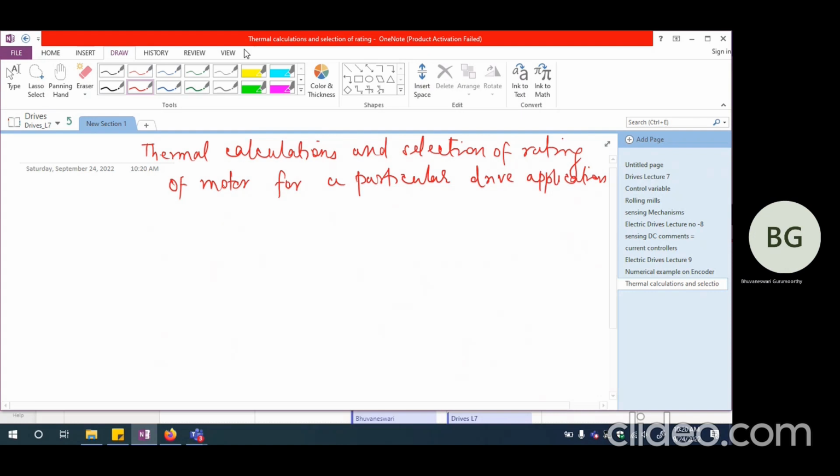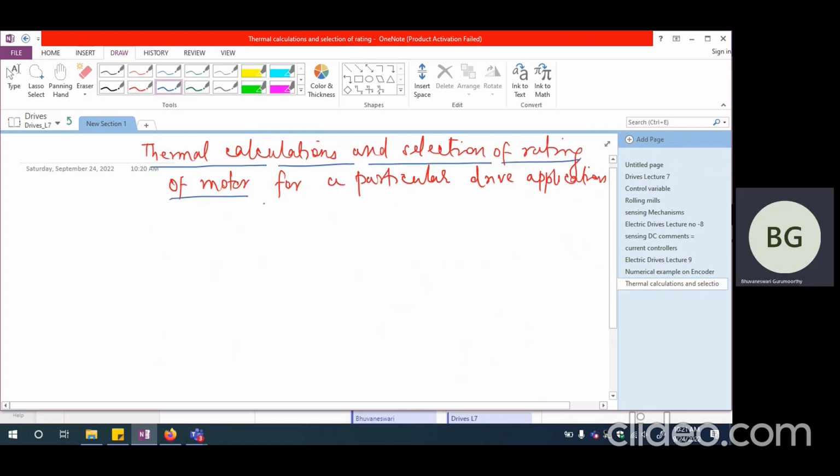So we are going to look at how we are going to calculate the temperature rise of a particular motor when it is driven at a particular rate or at a particular load torque and so on. So based on the thermal calculation, we would say if the motor is not getting overheated for this particular kind of load application, this rating of the motor will do the job. So that's what we are going to do.